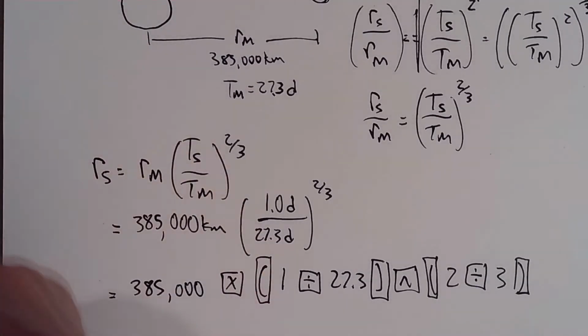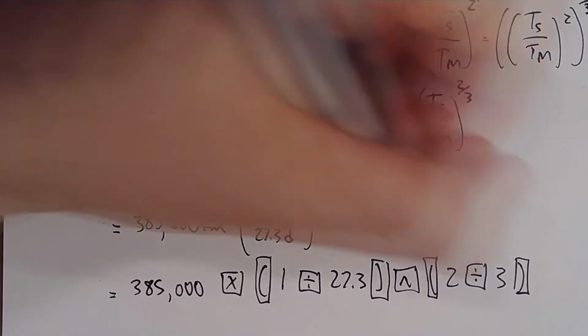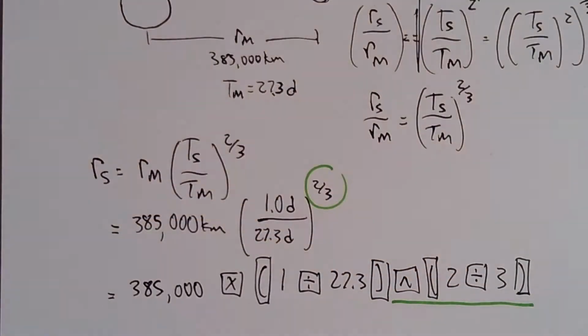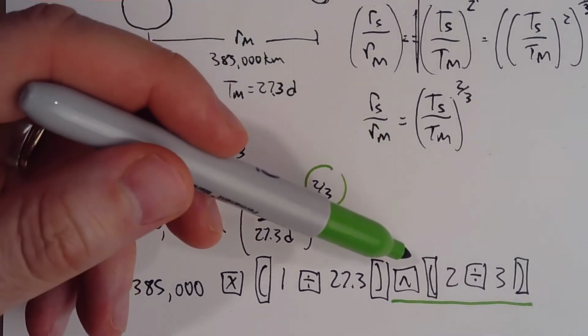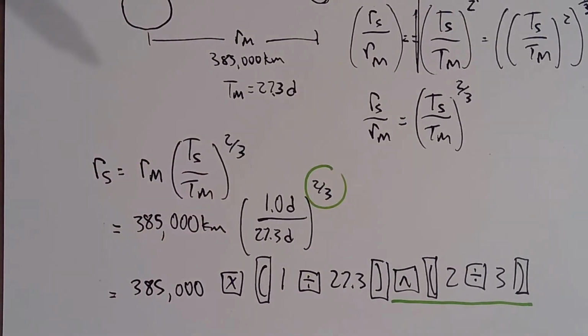So this part right here is the 2/3 power. Order of operations will take over and make sure that this exponent gets done at the appropriate time.